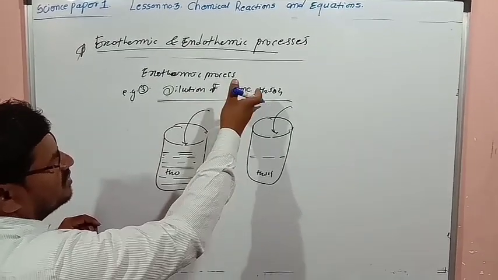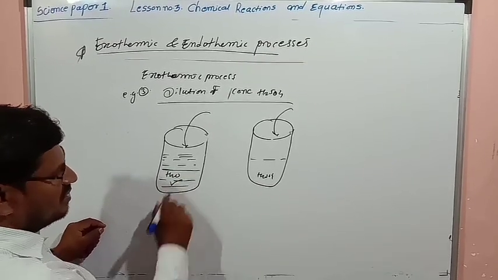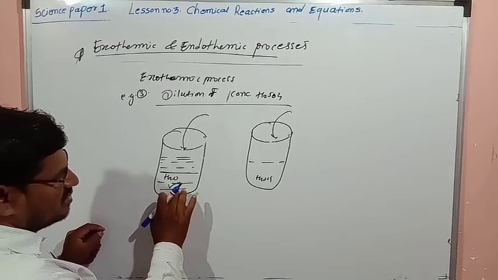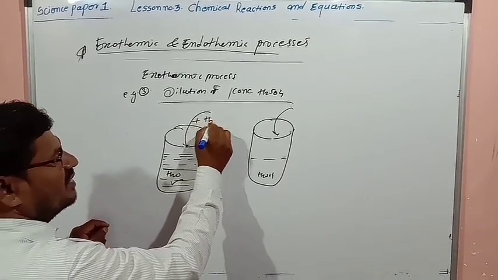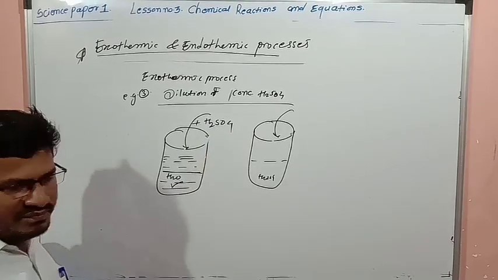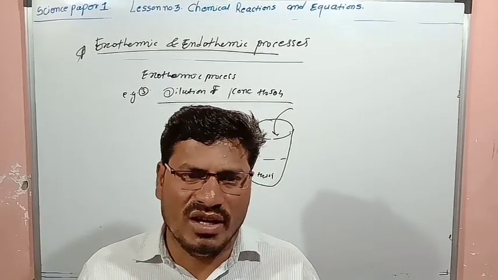When you want to dilute concentrated sulfuric acid, first take the required amount of water, and then slowly add H2SO4, stirring each time.